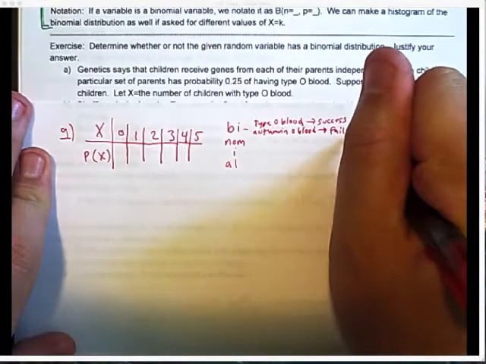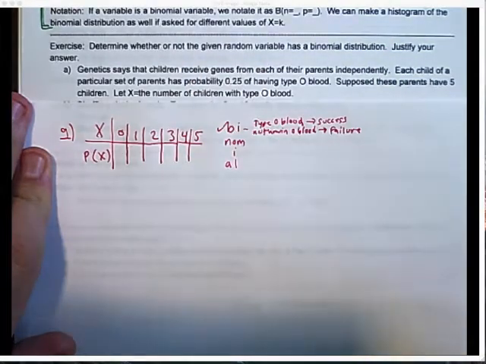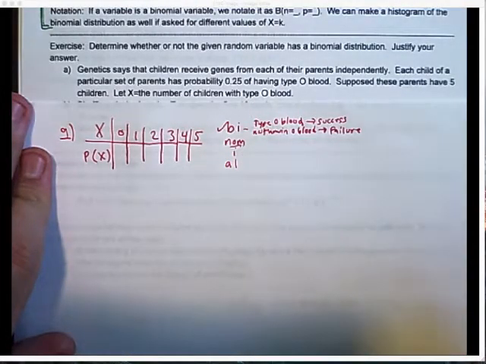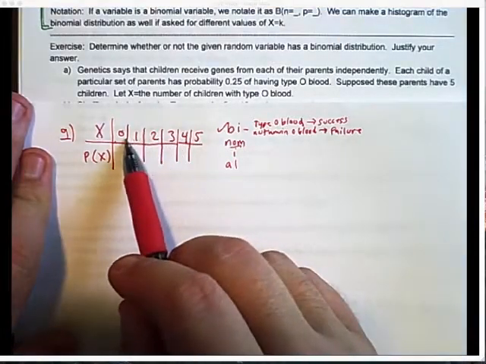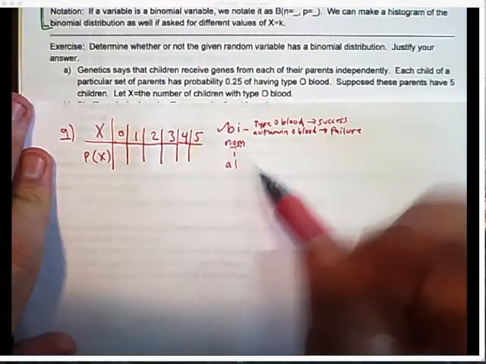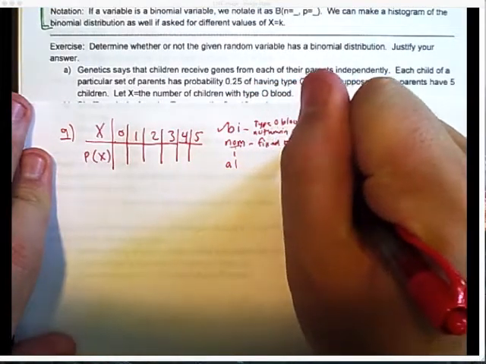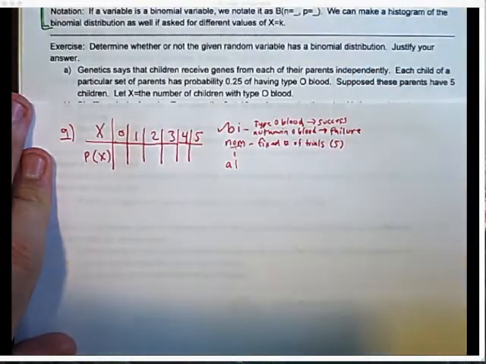So do we only have 2 outcomes? Yes. Binom stands for fixed number of trials. Well, the parents have 5 children, so there are a fixed number of trials here. There's 5 trials, 5 kids. So that condition is met.